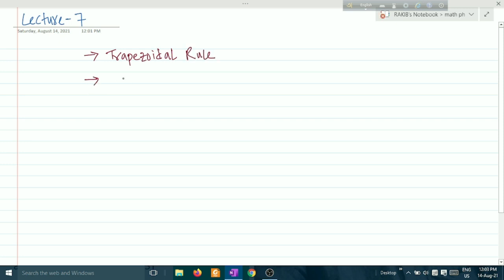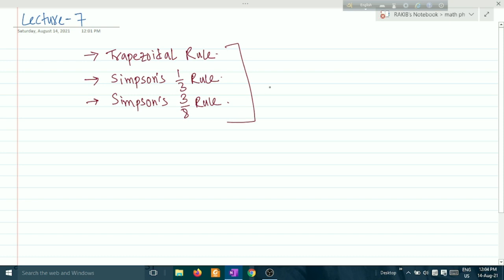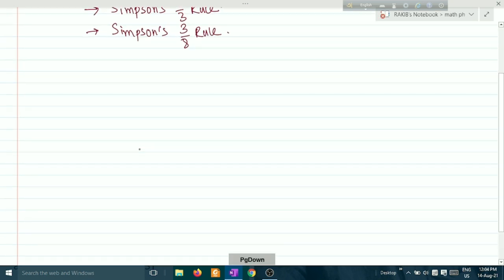The second method is called Simpson's 1/3 rule, and the third method is called Simpson's 3/8 rule. These are the three methods of obtaining an integration, the methods by which we obtain integrations.